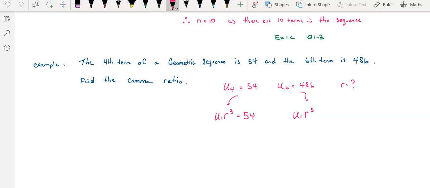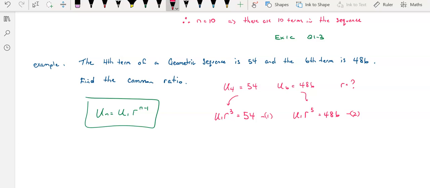Remember that we're working with UN equals U1 by R to the n minus 1.